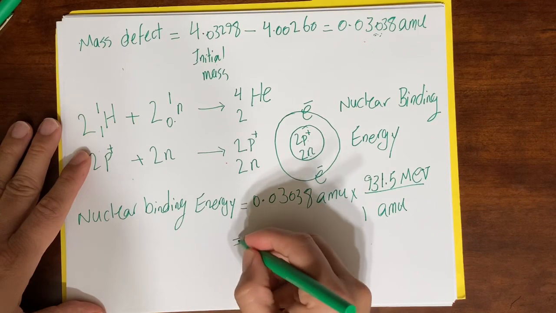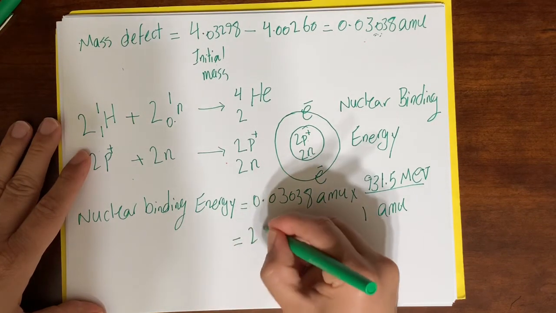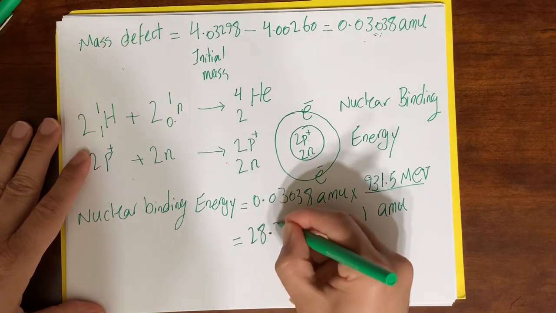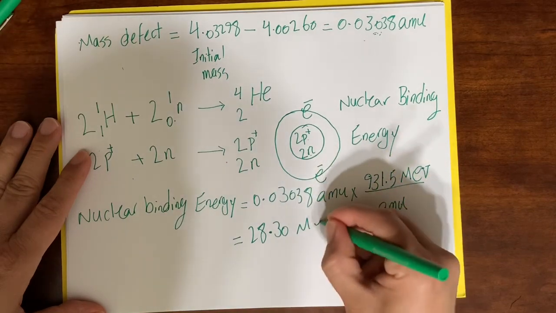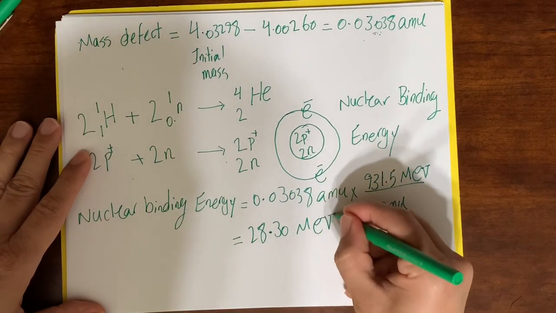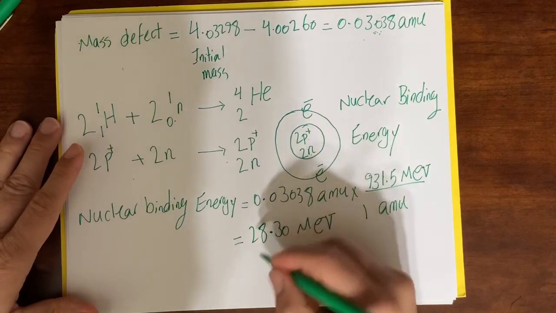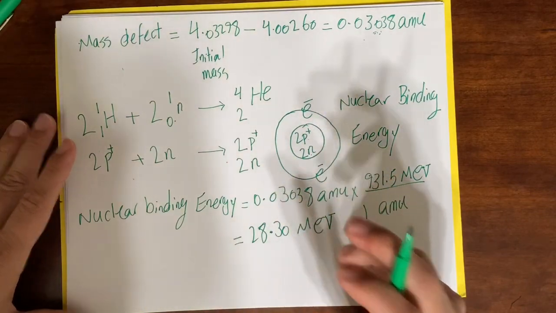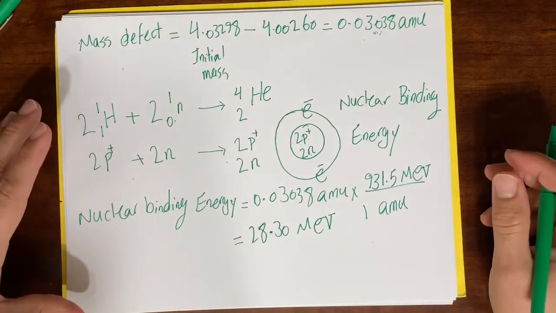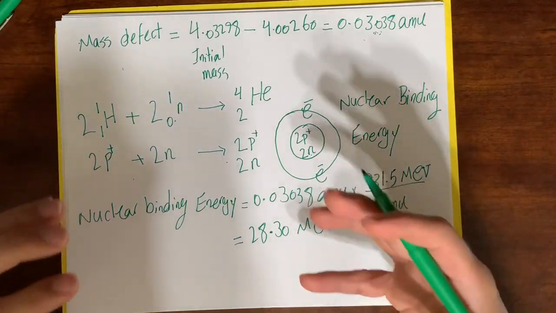Answer is going to be equal to 28.30 mega electron volt. So that amount of energy we need to spend to put the protons and neutrons inside the nucleus and keep them close to each other.